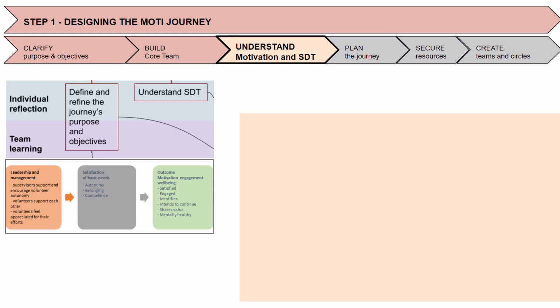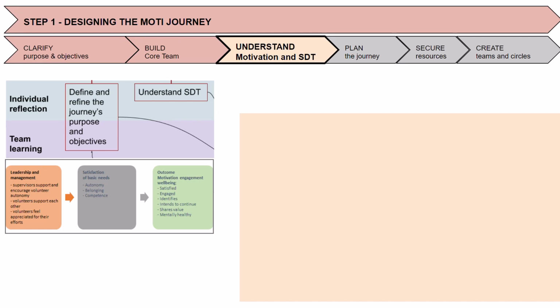So as I said, we will not present self-determination theory here. Suffice it to say that it is based on the very simple principle that if 3 needs are satisfied, the need for autonomy, belonging, competence, then the outcomes are a great and wonderful life at work and at home.